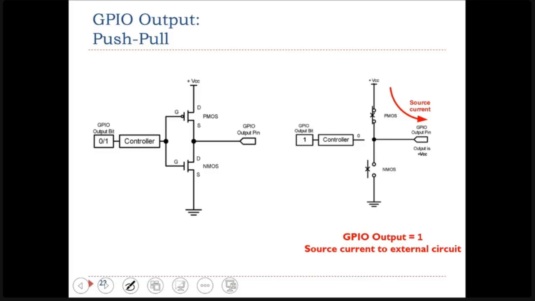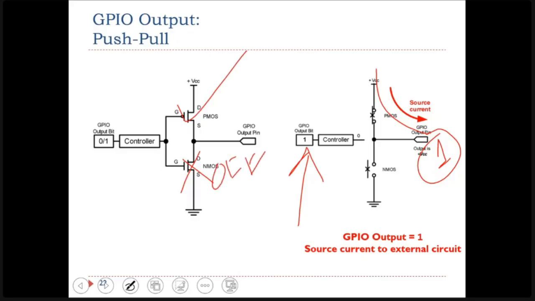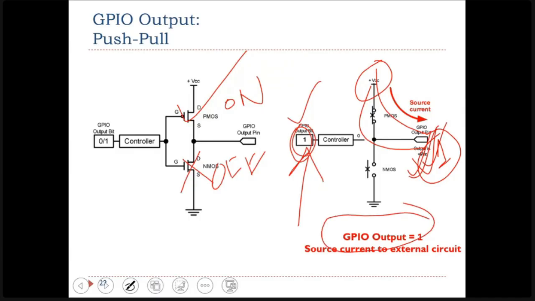We saw that push-pull always gives you a valid output. Whenever you have 1 here, you have 1 at the pin as well, because this becomes open and this becomes closed. So this is off, this is on, and a current flows from VCC to the pin, making it high. So the bit value is preserved, and you get a valid output.